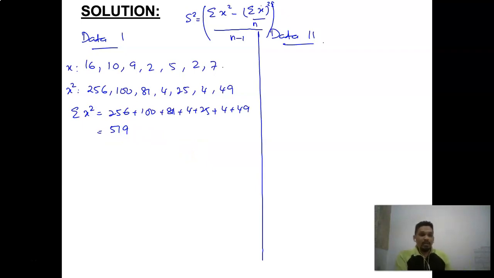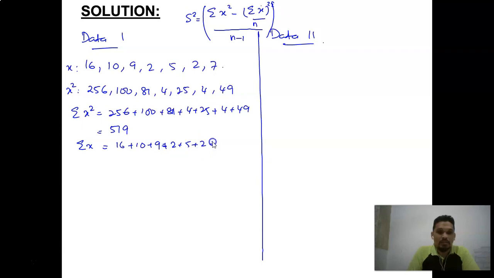And then the summation of x equals 16 plus 10 plus 9 plus 2 plus 5 plus 2 plus 7, which equals 51.